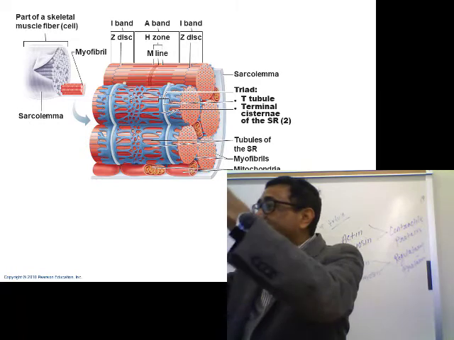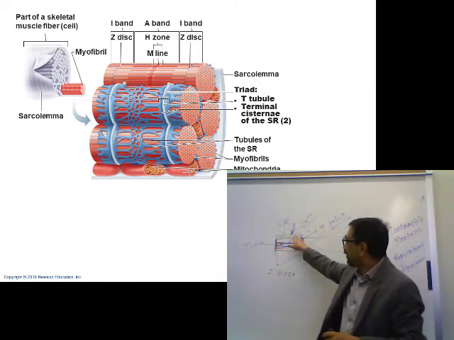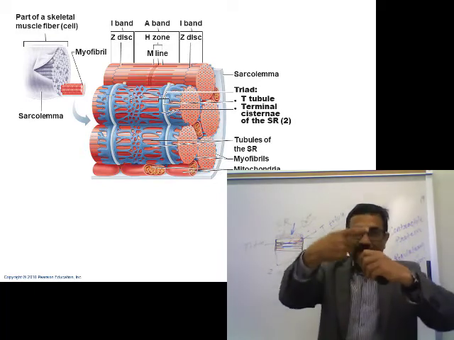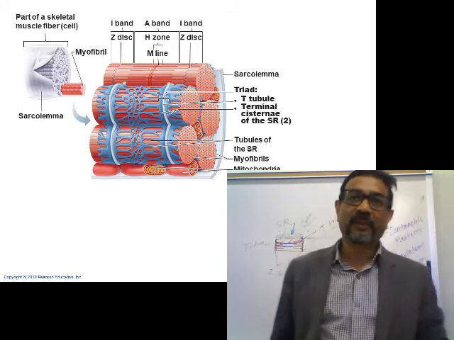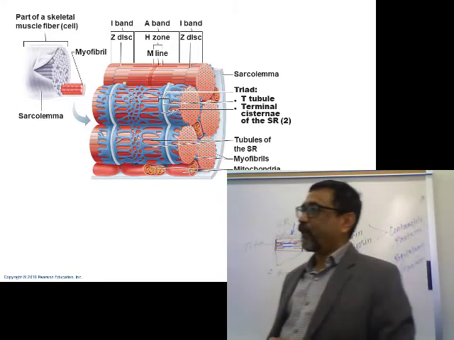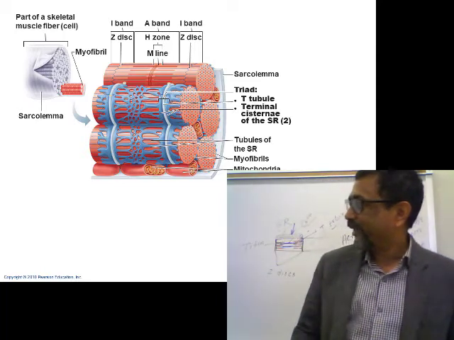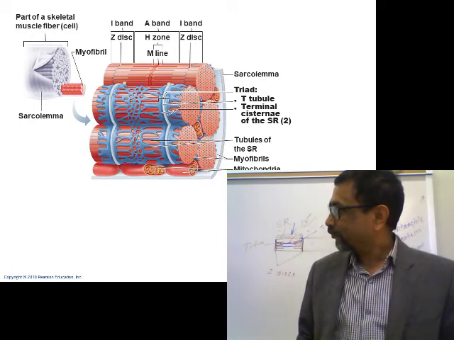That is called endoplasmic reticulum inside the cell. But sarcoplasmic reticulum is around the myofibril, okay? But tube-like structures connected to each other. Here you see that blue structure is the sarcoplasmic reticulum, and it is filled with calcium.